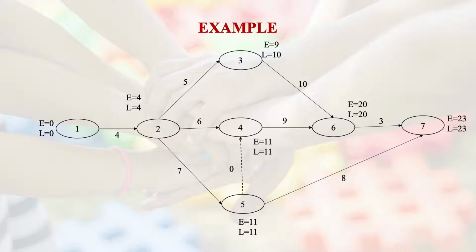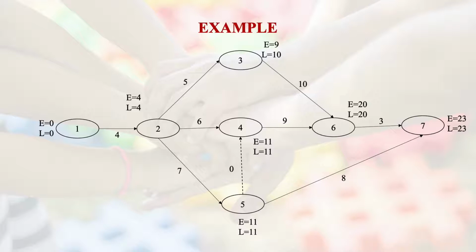Once you move from this event, the only possible event is going to be event 2. Your activity is going to lead you to event 2, and the time taken is going to be 4 units.